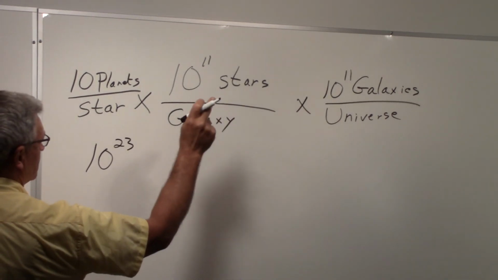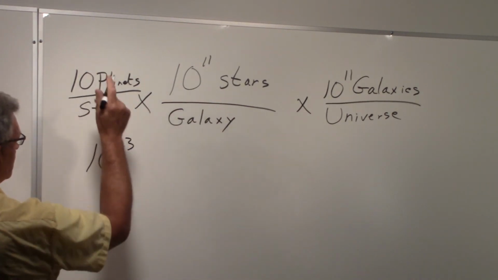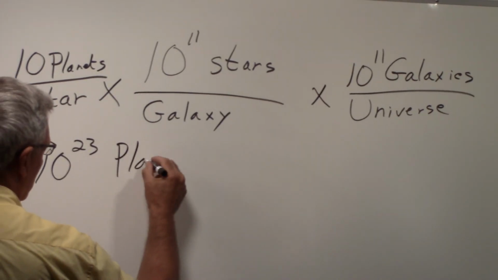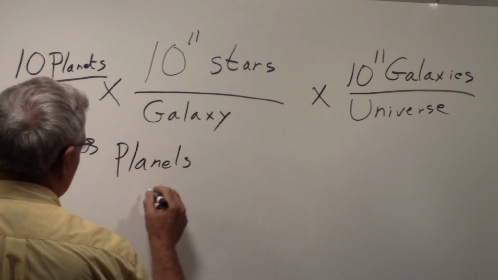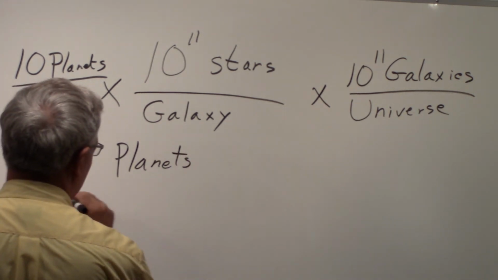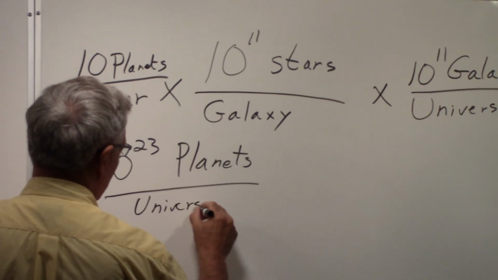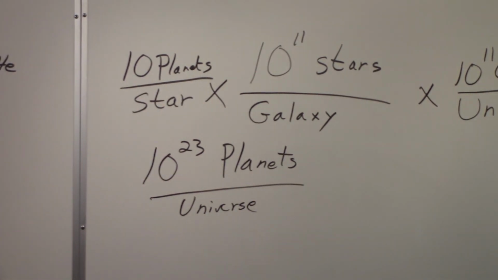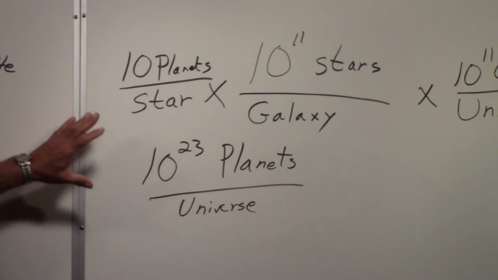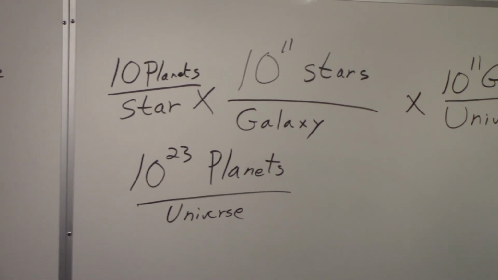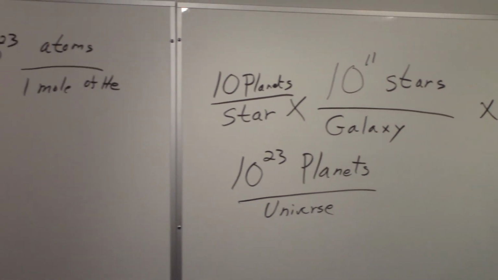Add up all the exponents, 11 plus 11 plus a 1 here. 10 to the 23 planets per universe, in our universe. So I always thought it was interesting that, roughly speaking, very roughly speaking, the number of planets in the universe may be very close to Avogadro's number.